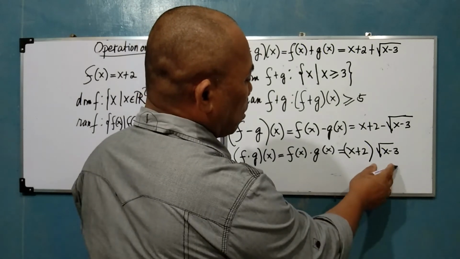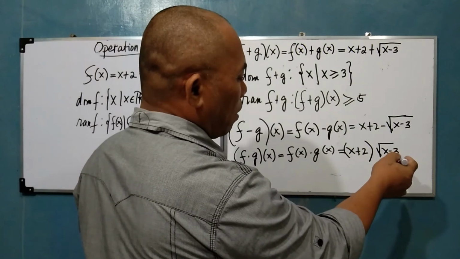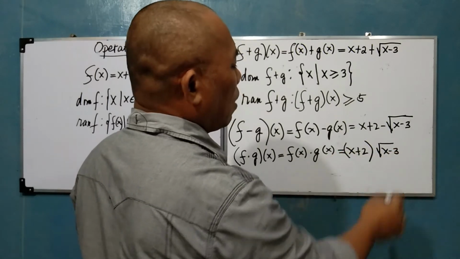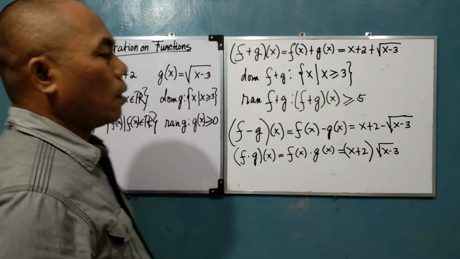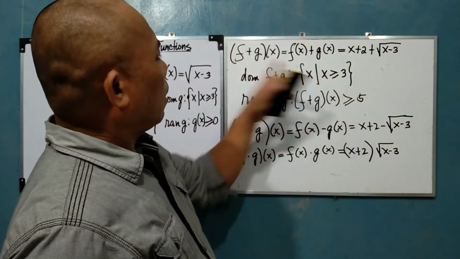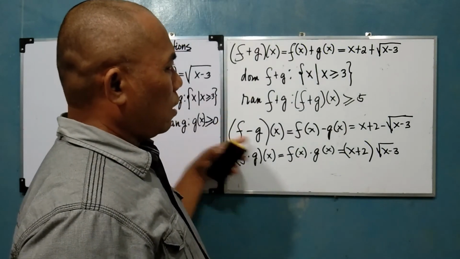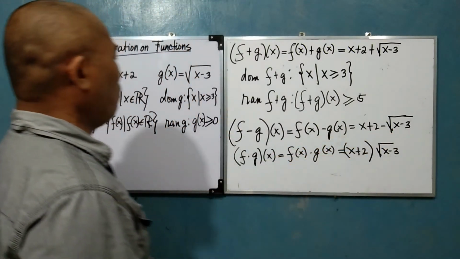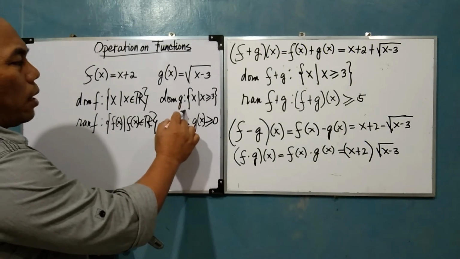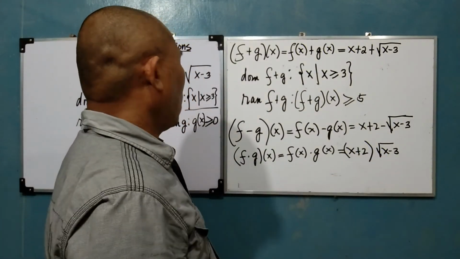If you are going to distribute, the same thing will happen. So let's just get the domain. For the domain of the product, it is the same domain as in the sum and the difference. It is the set of all x such that the smallest value of x is 3.